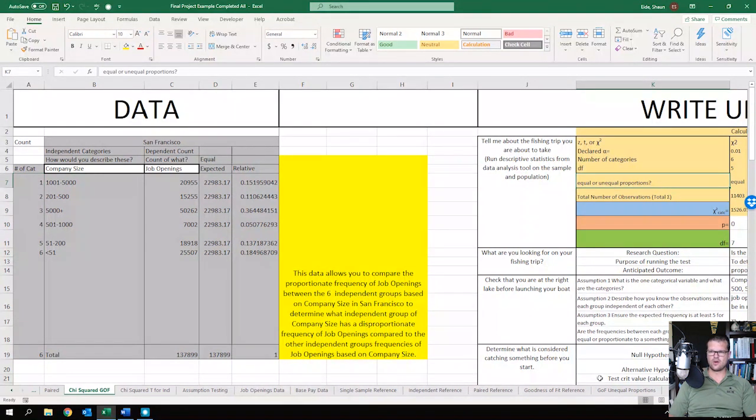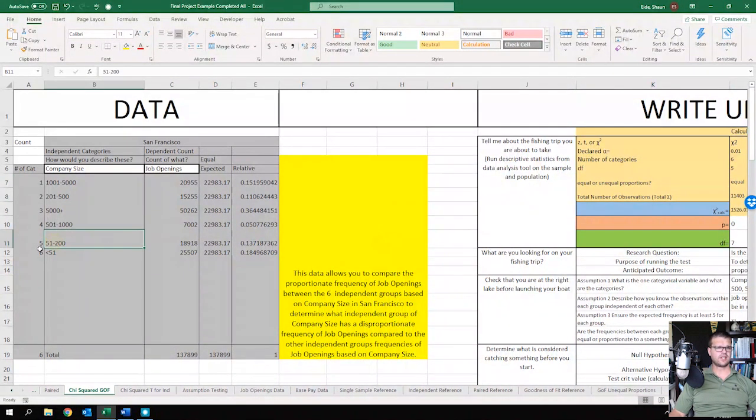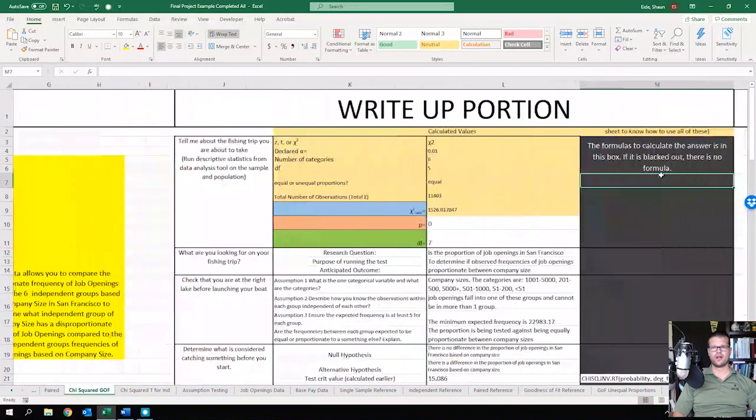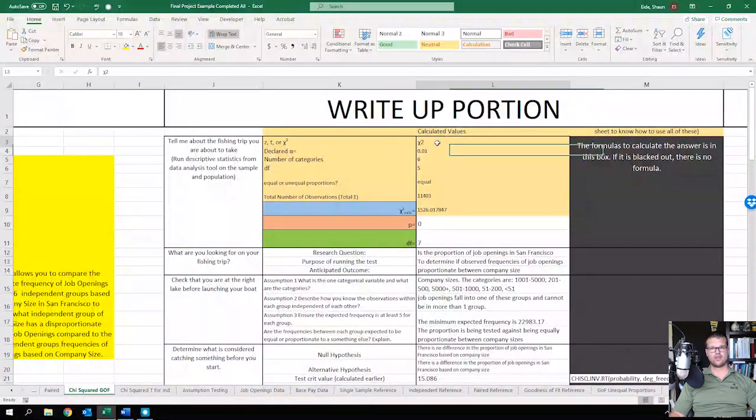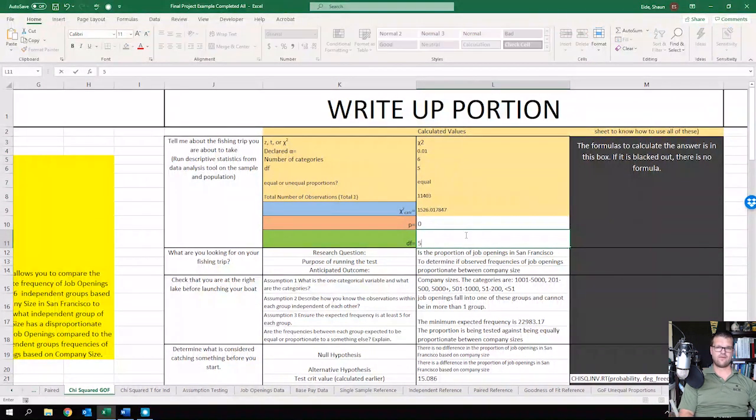Okay, so now we've got a total of 6 categories, 5 degrees of freedom. Make sure that your information right here is correct, because this is how I'm going to check your answers. If your information in here is not correct, then all of your answers below are going to be wrong.